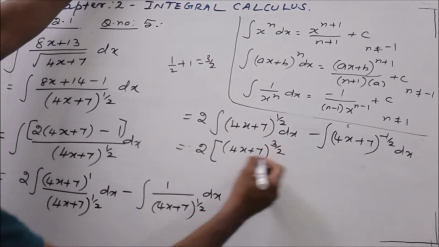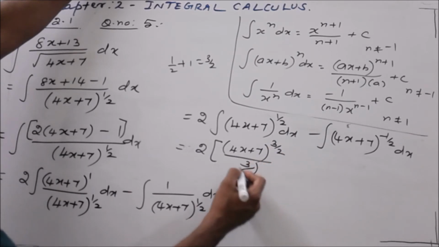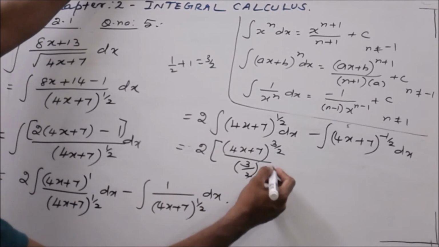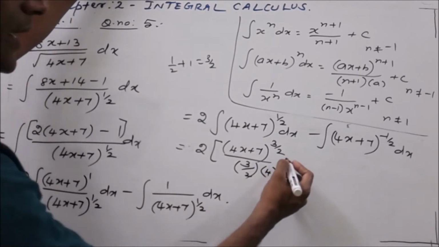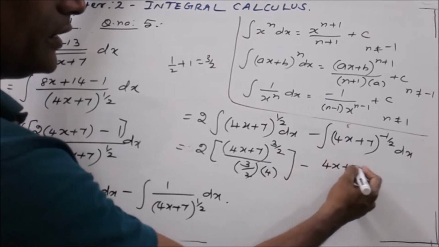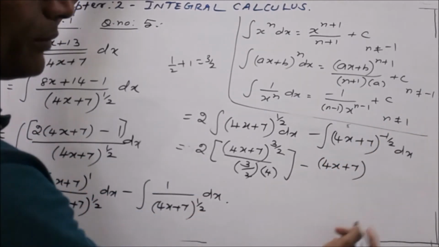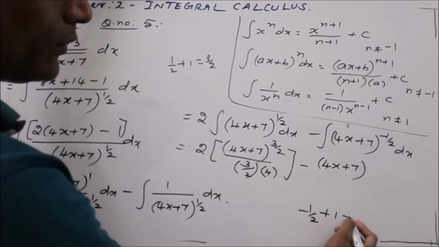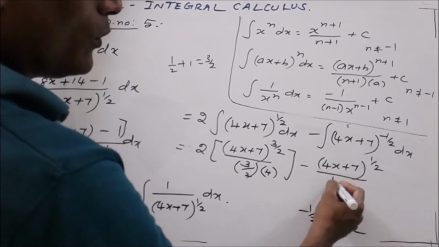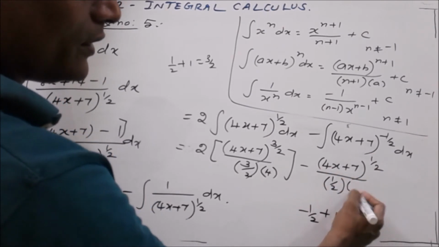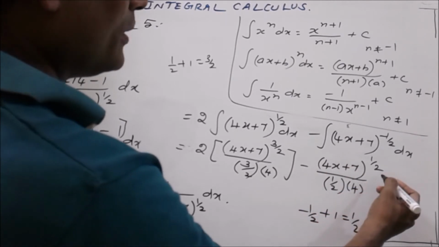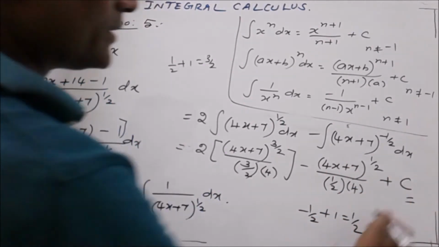So 3 by 2 divided by 3 by 2 into the constant with the x, coefficient of x is also multiplied with the denominator, minus for another function ax plus b whole power n plus 1 by n plus 1, minus 1 by 2 plus 1 equal to plus 1 by 2. So 1 by 2 divided by 1 by 2 into the coefficient of x multiplied with the denominator, plus constant of integration c.